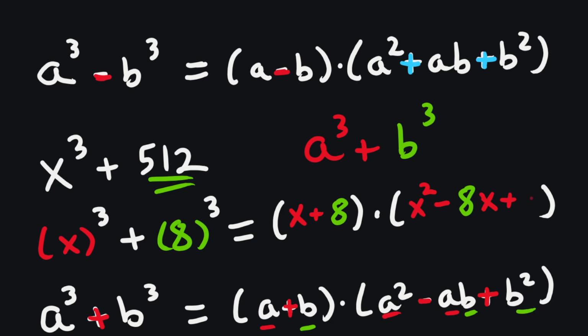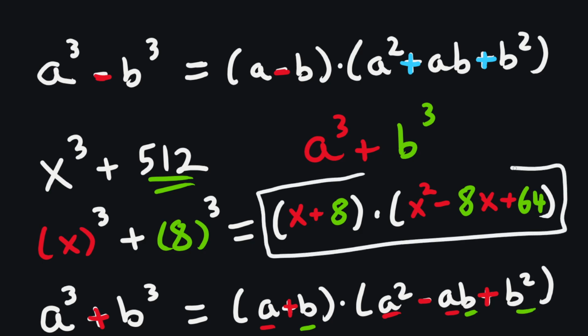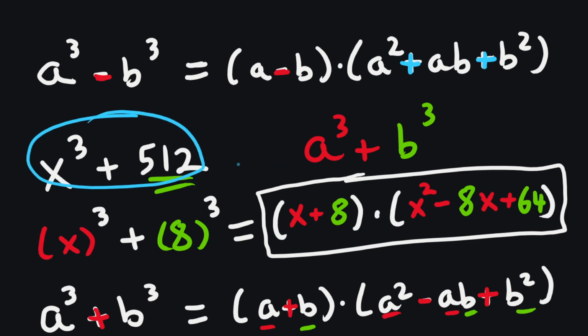Our b is 8. So what is 8 squared? So 8 squared can be rewritten as just 64. And there we go. That is the factored form of x cubed plus 512, our original problem. And this is how we factor it.